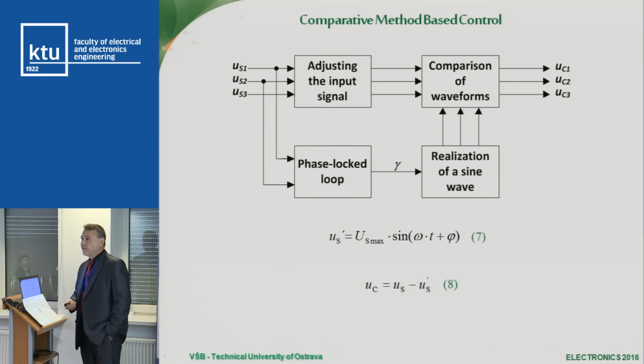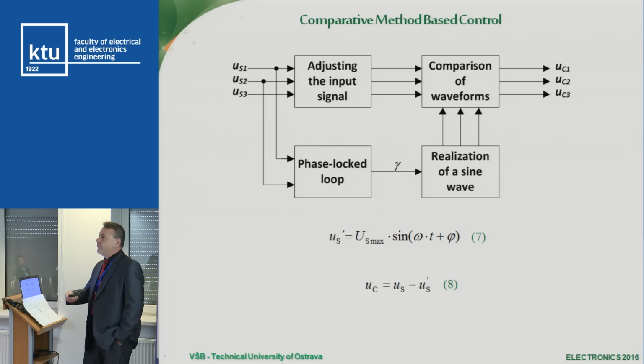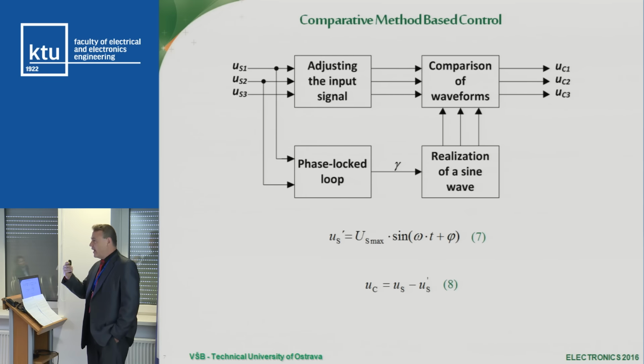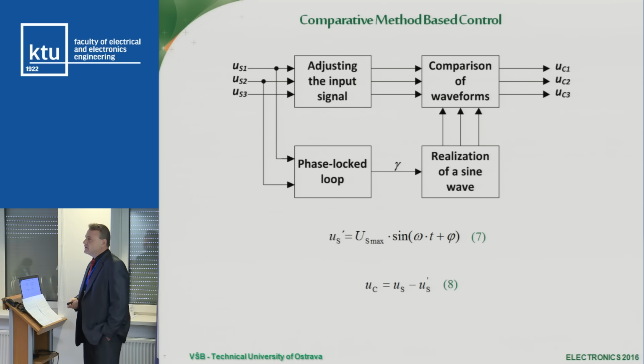This is very good for a serial active power filter, because we now know the voltage. We have 327 voltage and 50 hertz. This is possible. This can be calculated directly.